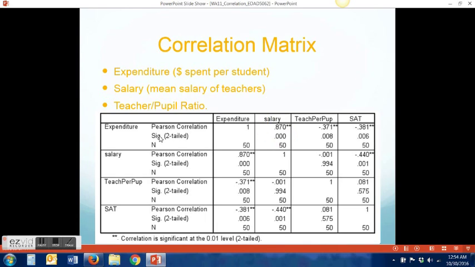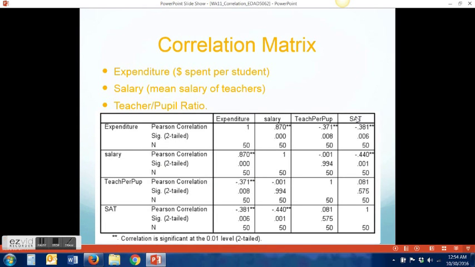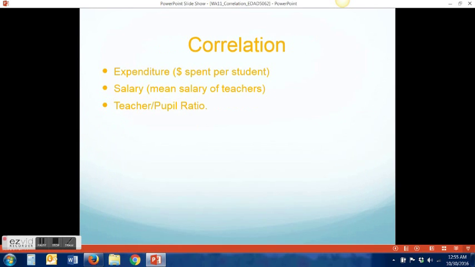Analyses like that take the scores on one or more variables and predict one other variable. So for example, we could use SAT score to predict GPA.